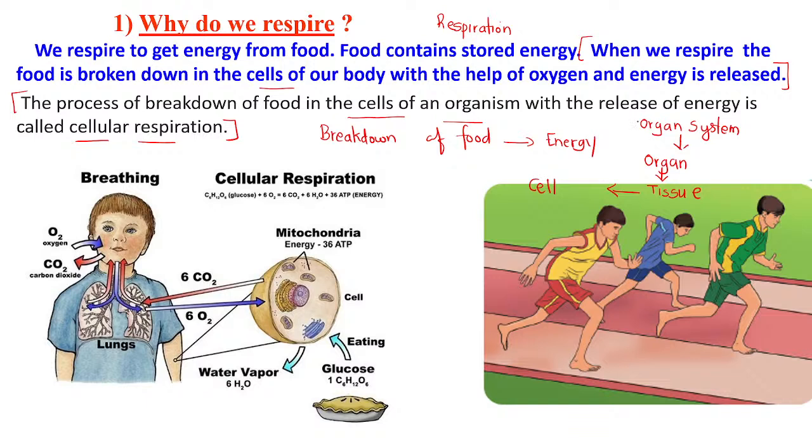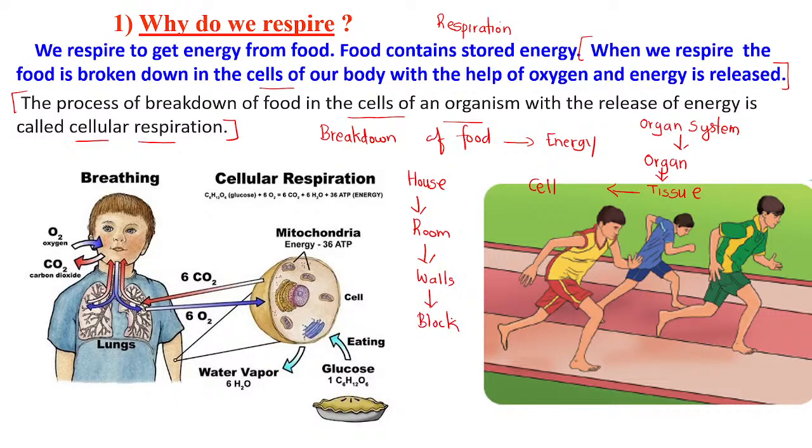To understand this better, let me give you an analogy. A house is made up of various rooms, isn't it? Each of these rooms is made up of walls, and each of these walls is made up of smaller parts called bricks or building blocks.